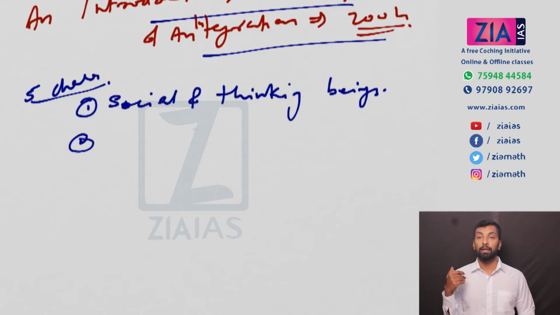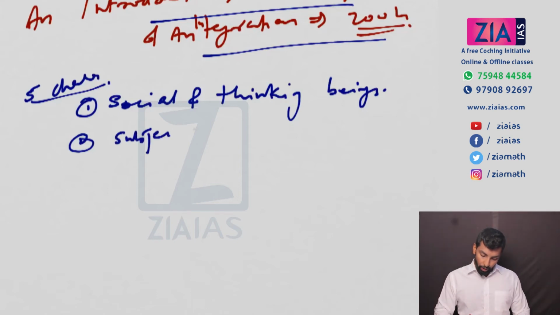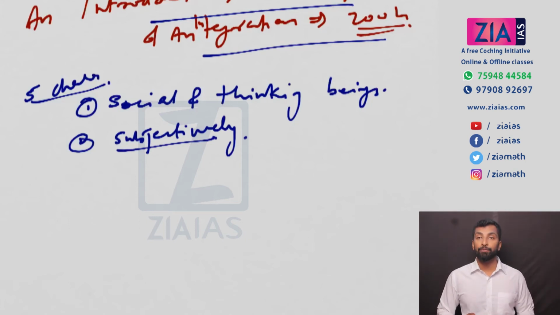That means different people can have different interpretations about their meanings. I'm just writing subjectively only, so I hope you will be taking down. I'm not writing it completely. I'm expecting that you are taking down the lecture notes.